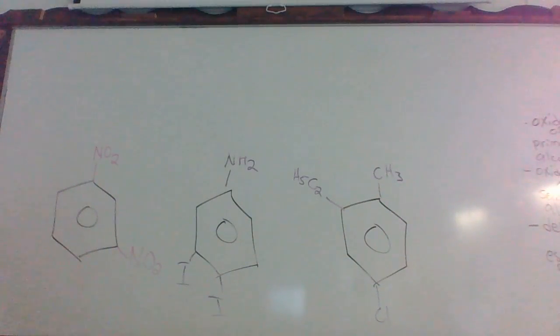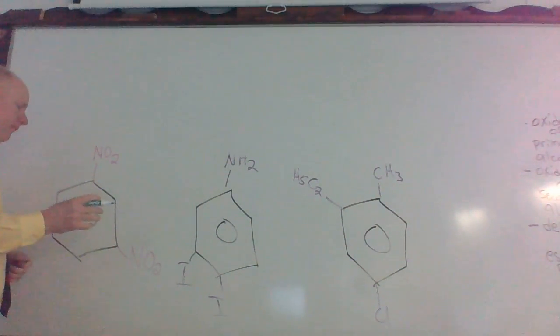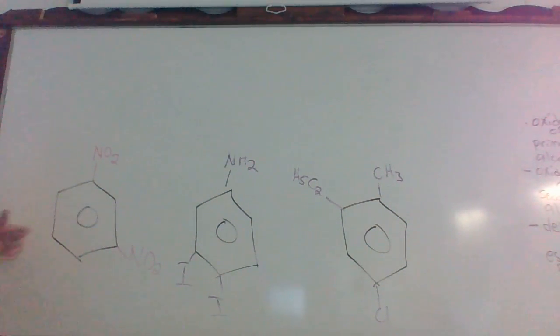Okay? So now, with that, where would be the most common place you would give the number one position on a ring structure like this? Where's the most common place you would give the number one position on a benzene ring?